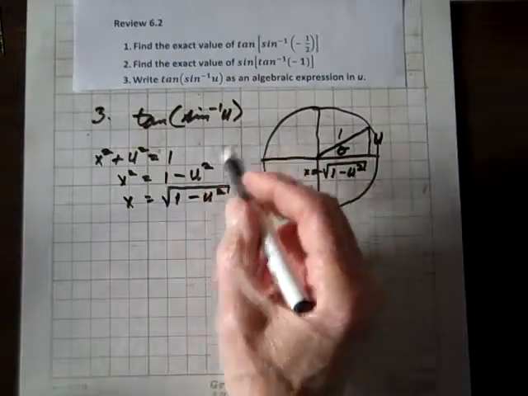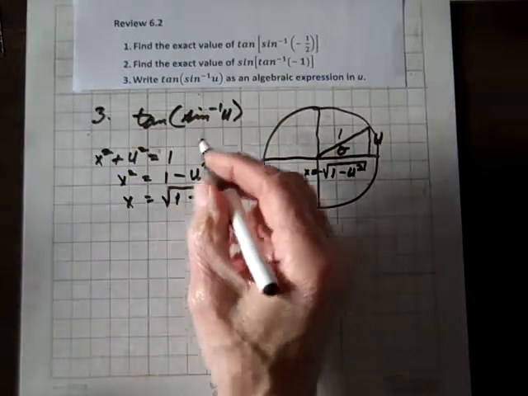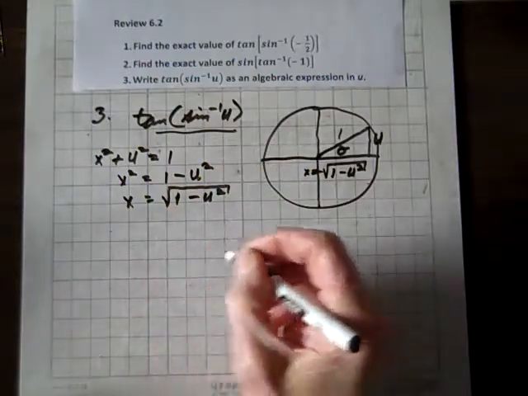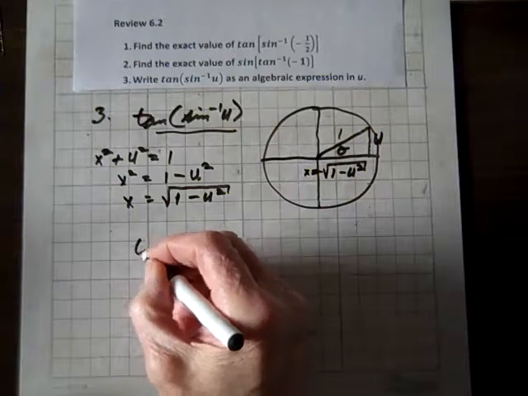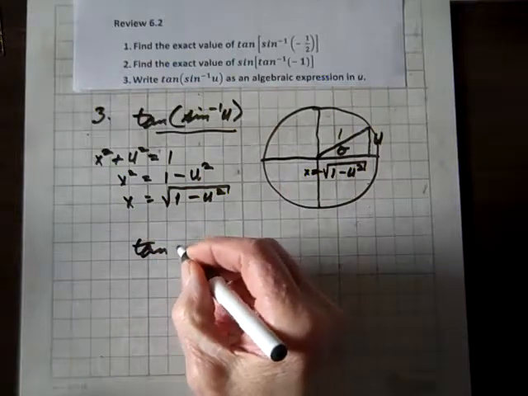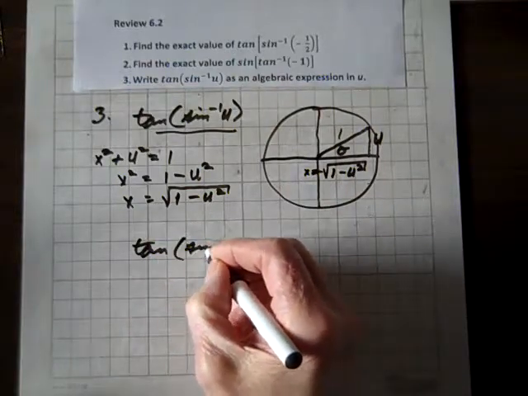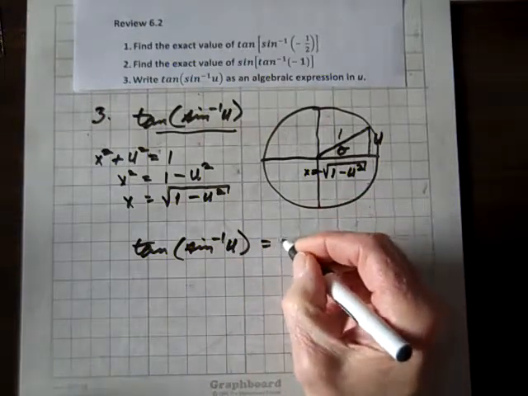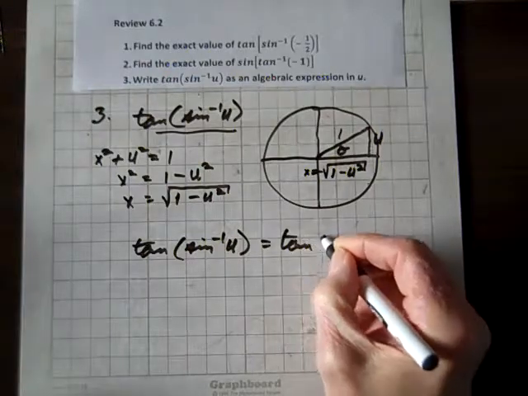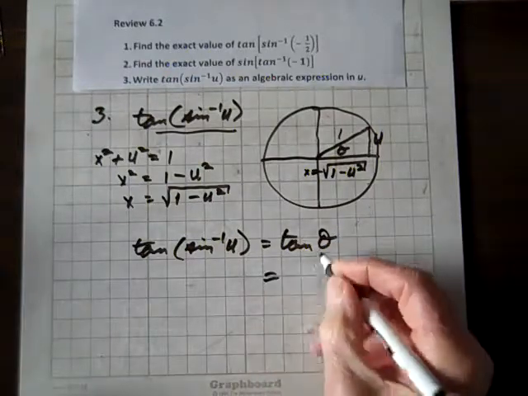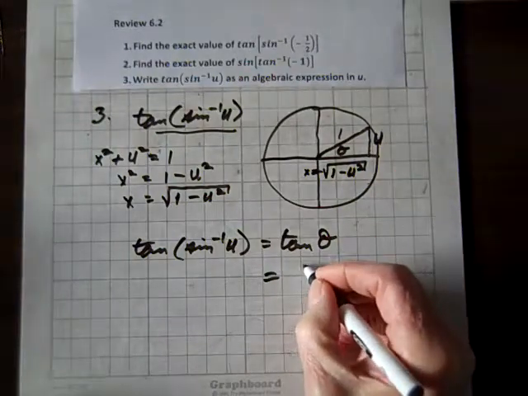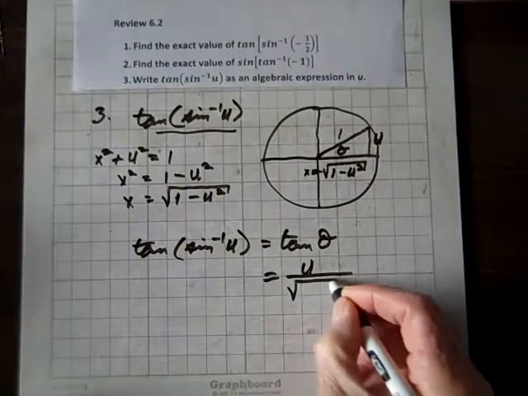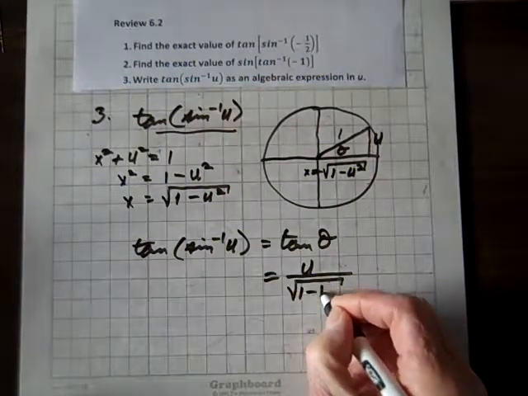And now let's deal with this. As an algebraic expression, we're going to get the tangent of inverse sine of u equals the tangent of theta, which equals the length of the side opposite, u, over the length of the side adjacent, square root of 1 minus u squared.